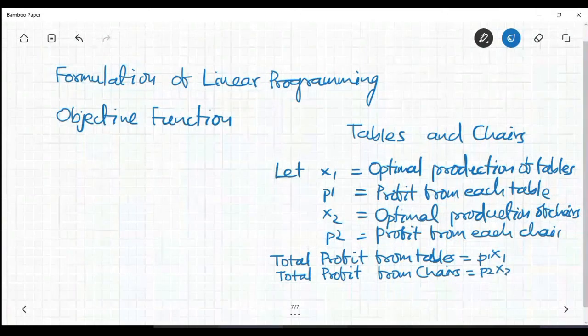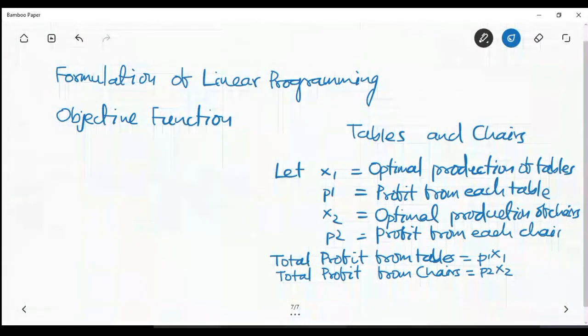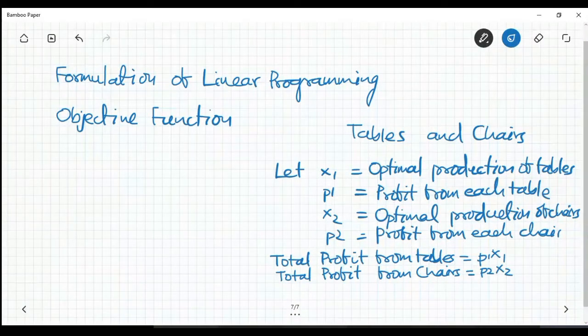Now if I say how much is the total profit from tables and chairs, we'll write the addition: P1 x1 plus P2 x2.